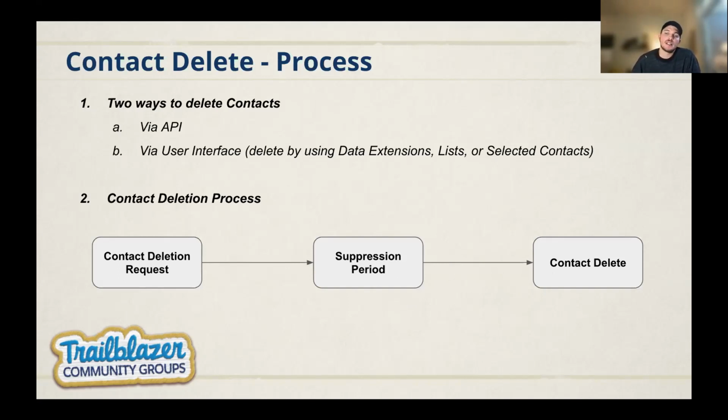And then at that point, the contacts are deleted. They delete contacts across sendable data extensions. So any sendable data extension that you have in your Marketing Cloud account will essentially be combed for the contact keys that were submitted as a part of the contact deletion request. And if they appear in those sendable data extensions, they'll be removed. Places they won't be removed from are non-sendable data extensions.